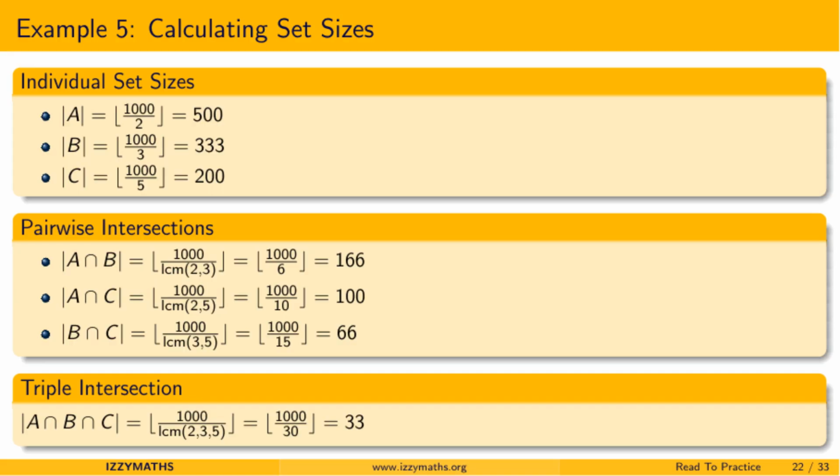The absolute value of B intersection C equals the floor of 1000 over 15 equals 66. For the triple intersection, the absolute value of A intersection B intersection C equals the floor of 1000 over LCM of 2, 3, 5 equals the floor of 1000 over 30 equals 33.